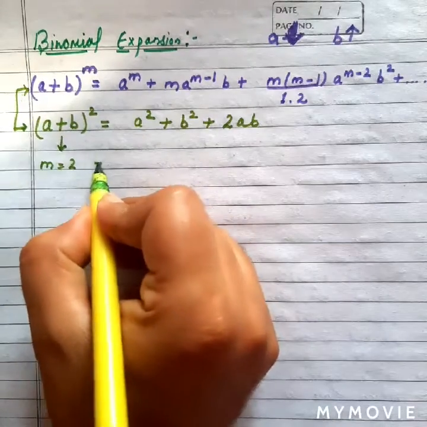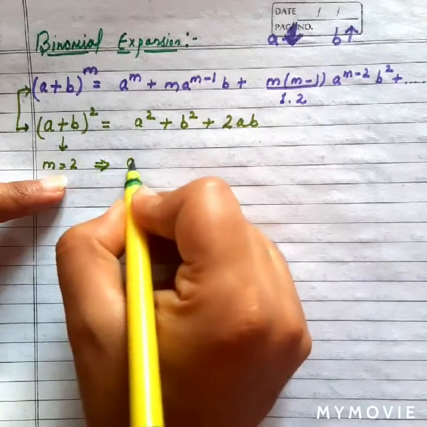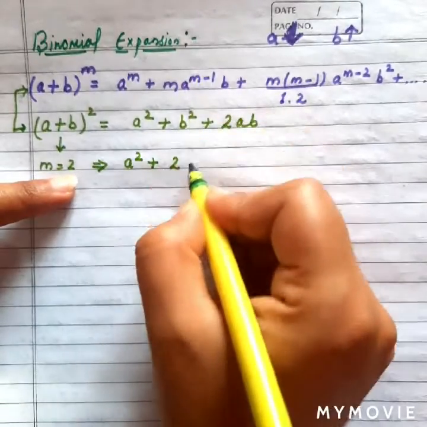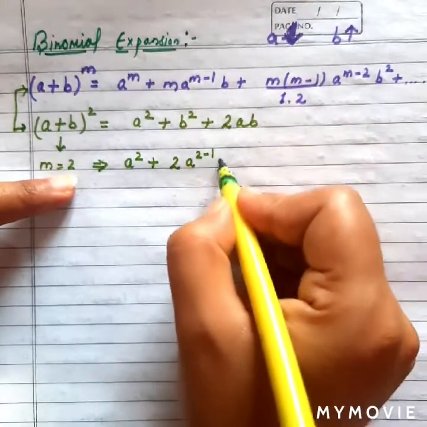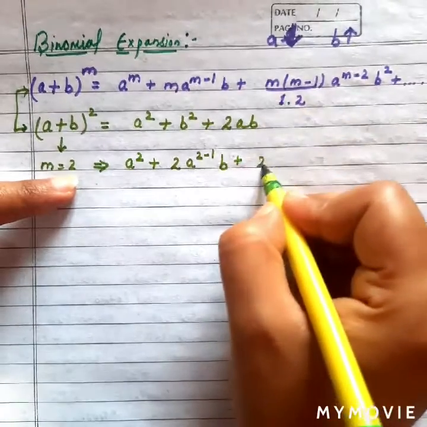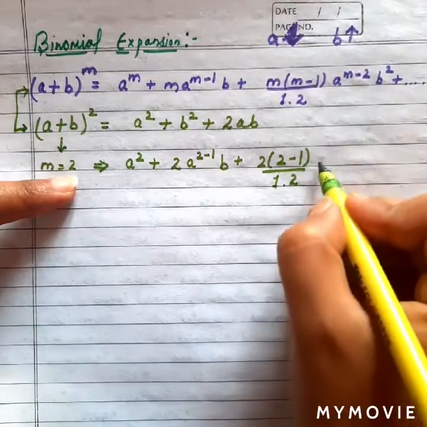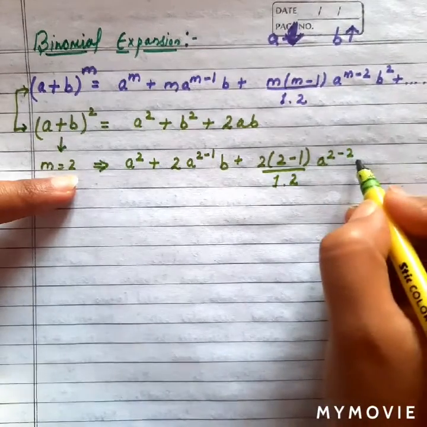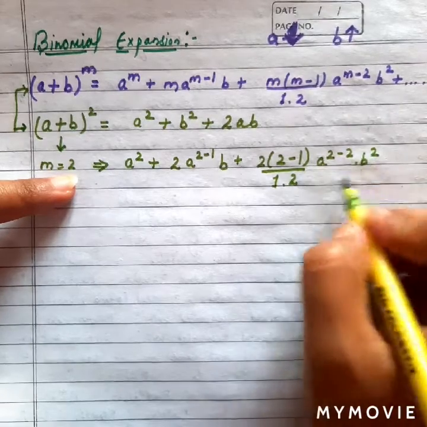Fine. So first of all, we fill in m is equal to 2, so a raised to power 2, then plus m which is 2, then a raised to power m minus 1, 2 minus 1, then b, then m which is 2, then 2 minus 1, upon 1 into 2, a raised to power m minus 2, which is 2 minus 2 equal to 0, then into b raised to power 2, and this is our last term.